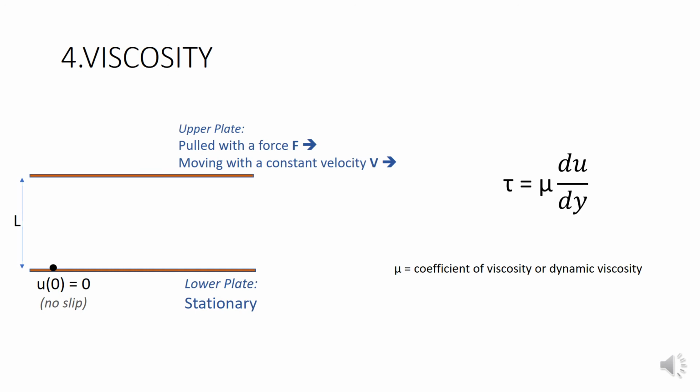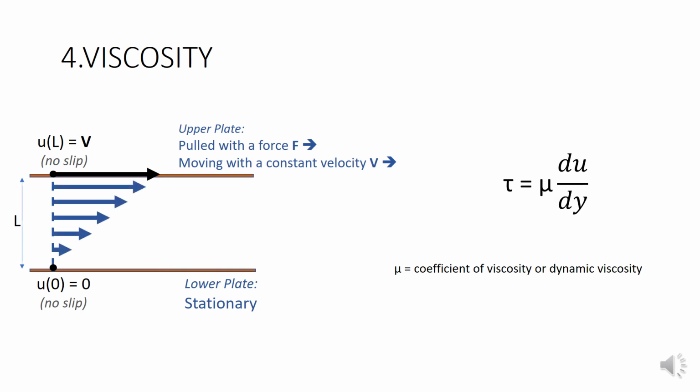That condition is called the no slip condition. So since the velocity of the bottom plate is 0, the velocity of the fluid particle adjacent to it will be 0. Similarly, the velocity of the fluid particle adjacent to the top plate will be v.